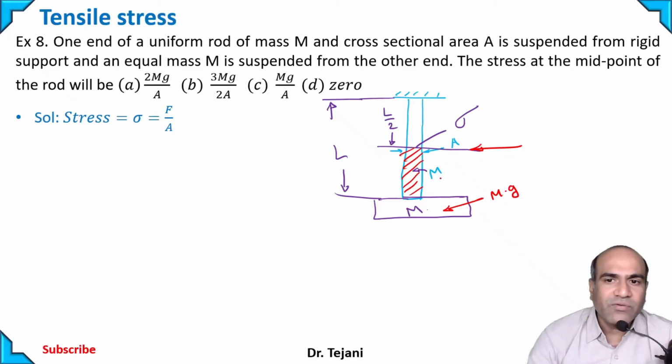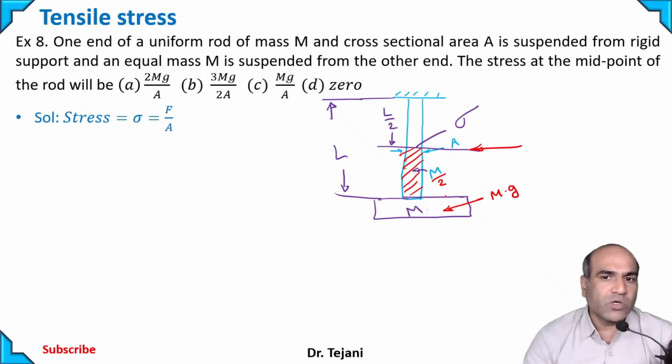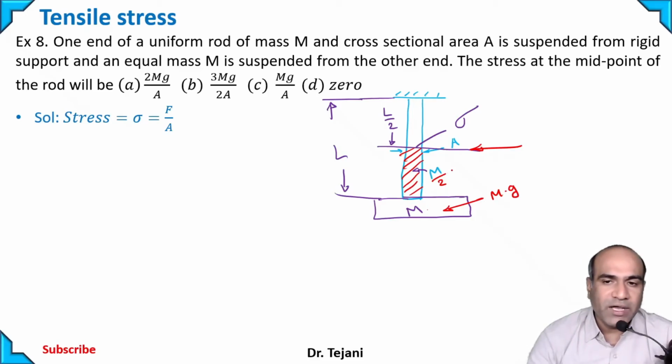So here the mass should be half. The bar is uniform, so the total mass of the second half should be m by 2, multiplied by g. So it is gravitational acceleration. So we have mg plus (m by 2)g is equal to 3mg by 2.